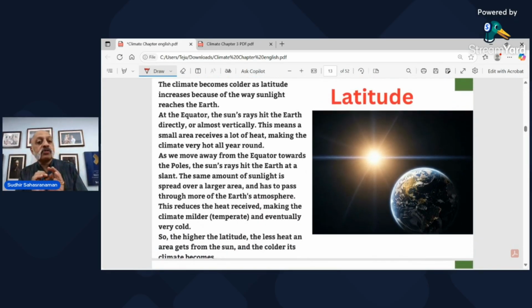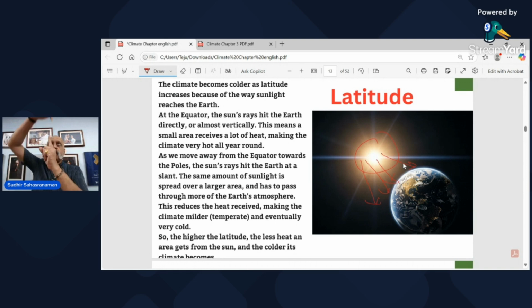The climate becomes colder as latitude increases, goes northwards or goes southwards, because of the way the sunlight reaches the earth. That's why I put this particular illustration. The sun is here, and look at the way its rays will hit different parts, right? It won't hit in the same way.